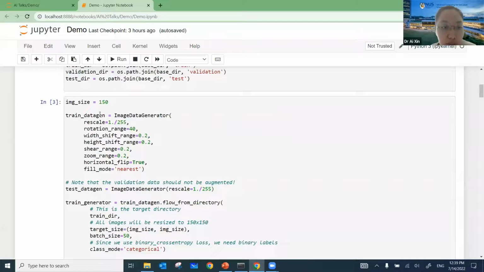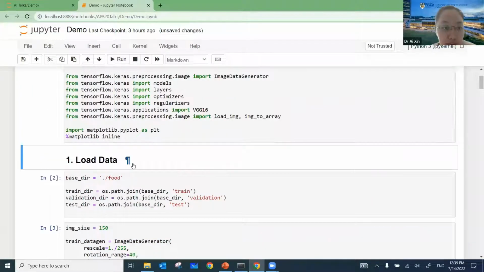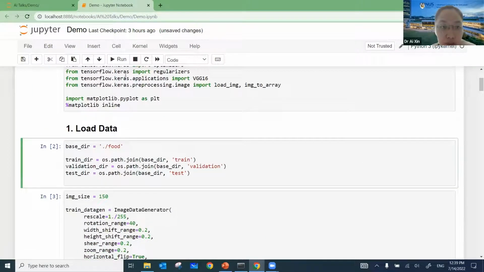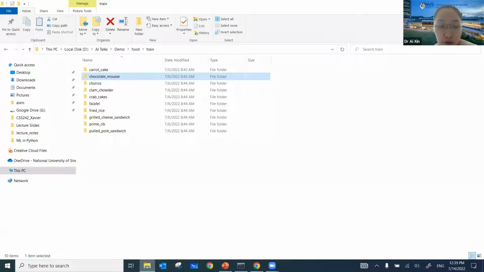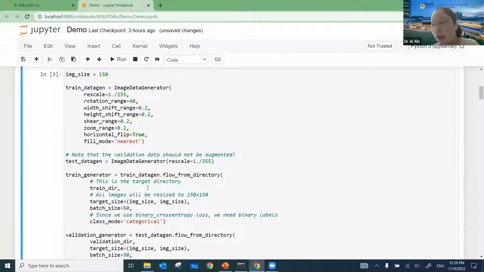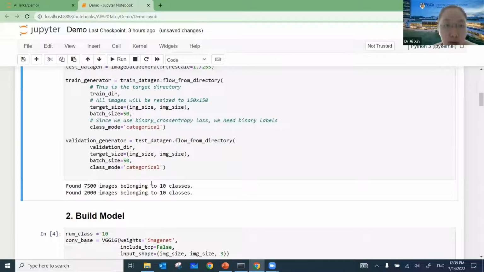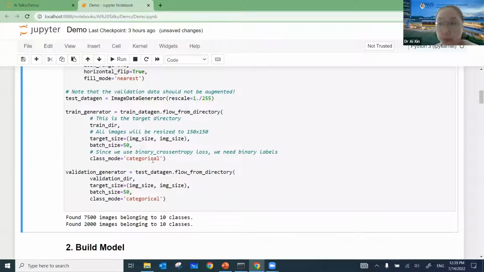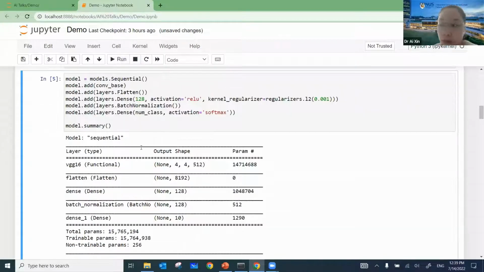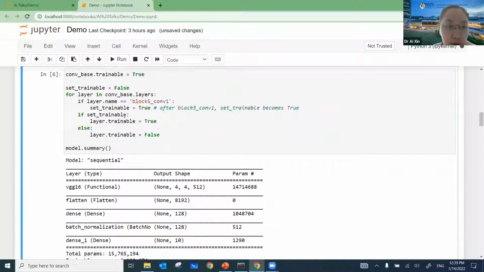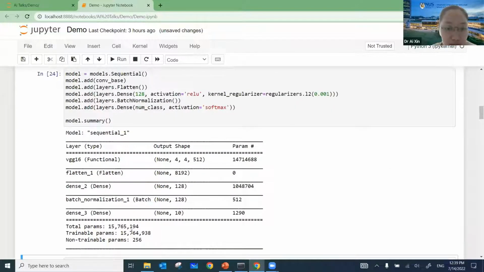So what we can do is load all the images from these folders: the training images, testing images, and so on. We need to do some pre-processing on the images. Then we can build a convolutional neural network model. This model has a few layers.